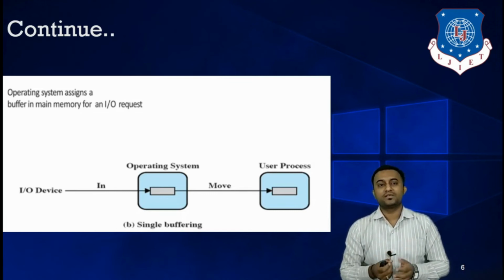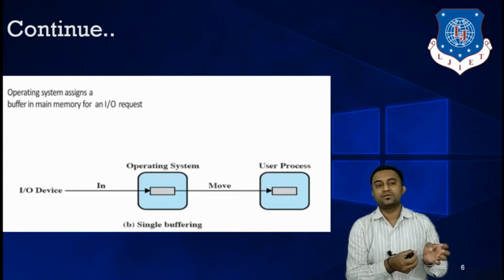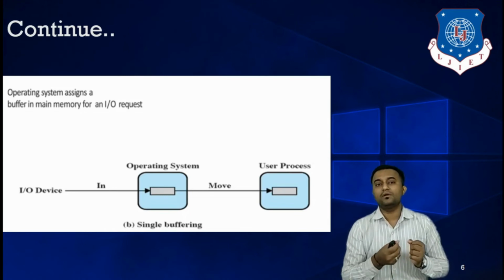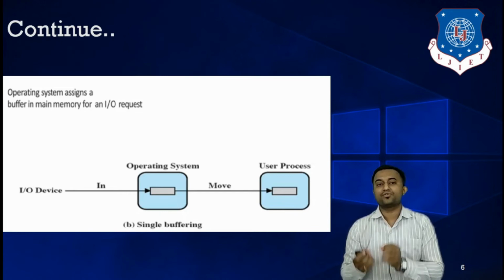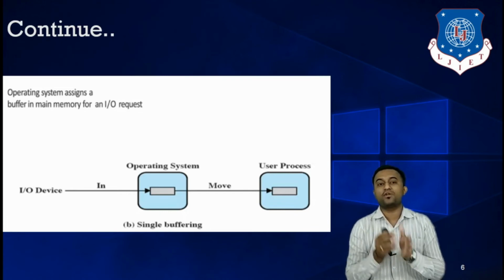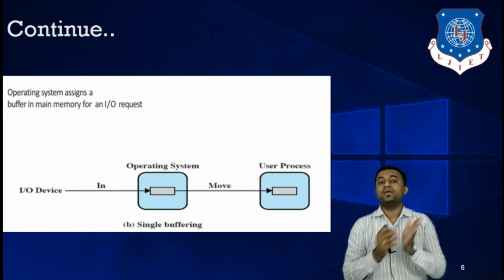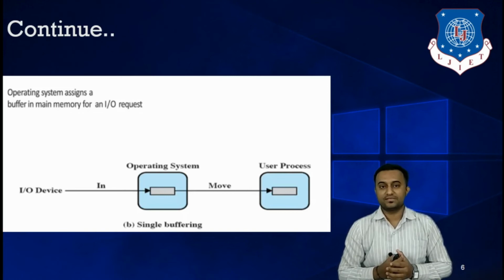But if the IO device is busy at that time, the user request can be stored for a while in main memory, specifically in the buffer, and later it can be executed on the IO devices.